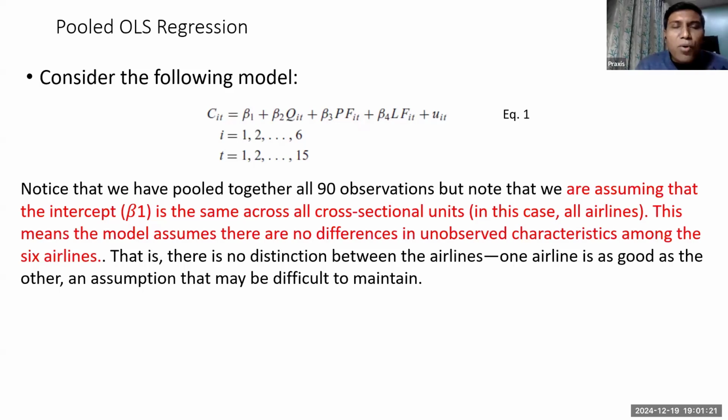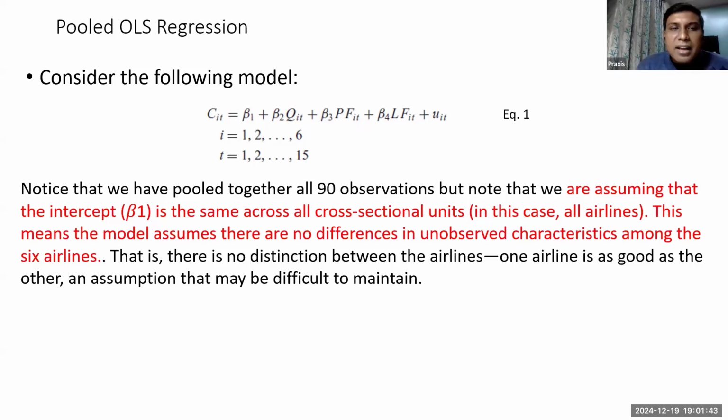So you can think of a model of this sort, right? Where cost is expressed as a function of the output, that is Q, and then the fuel price, PF, and the load factor, right? And you have the error term, correct?